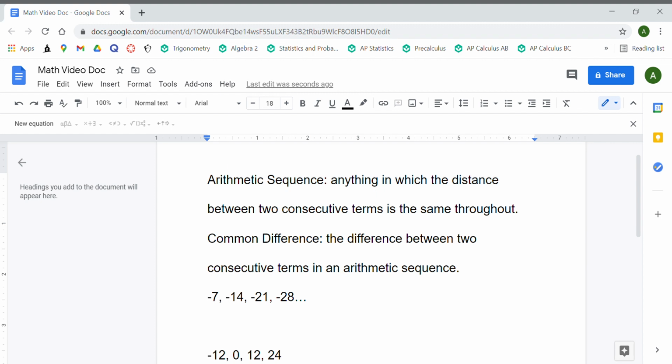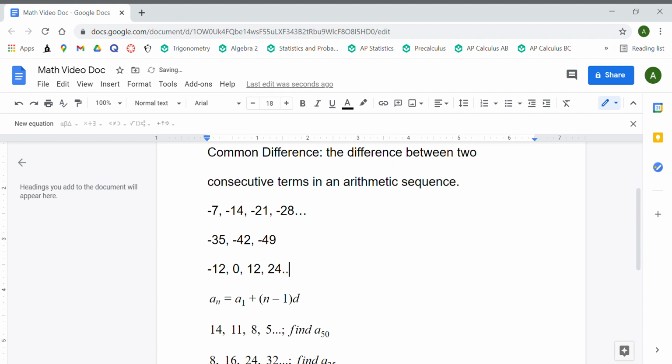It would be -7, because the way to find the common difference is the second number, -14, minus the first number. That's what I like to do. And so we know our common difference is -7. And so if we subtract 7, we can find the next 3 terms in the sequence. So it's -35, -42, and -49.